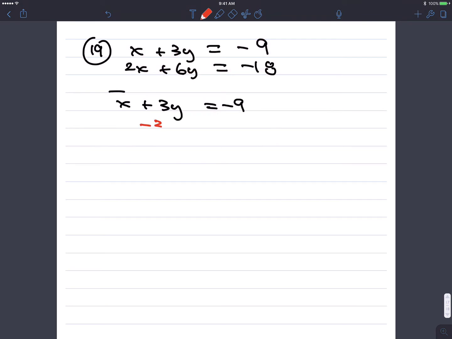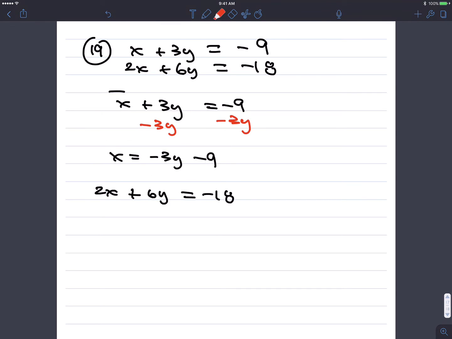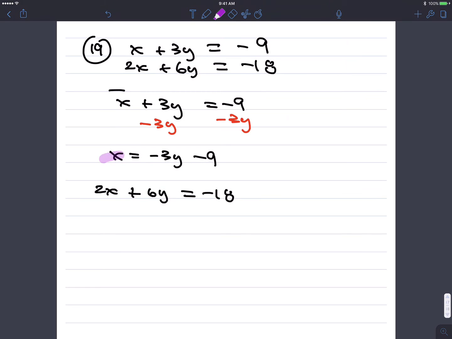We're going to do that by subtracting 3y from both sides. I get x is negative 3y minus 9. That's my first equation. The second equation is 2x plus 6y is negative 18.